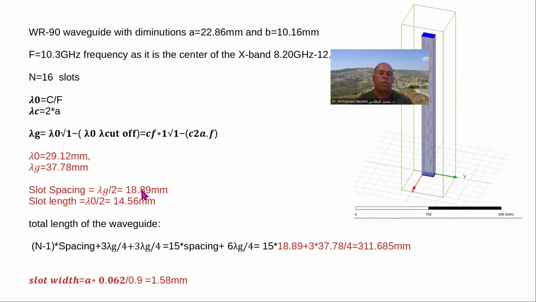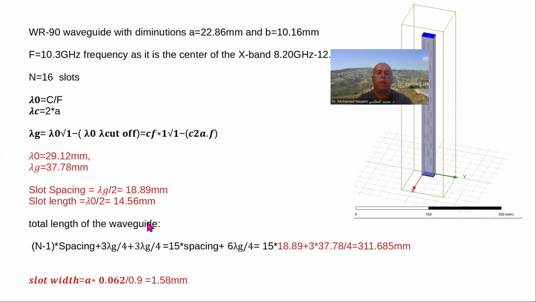So in that case, it turns out that the slot spacing is going to be 18.89 millimeters. The slot length will be 14.56 millimeters, which is half of this value here, okay?